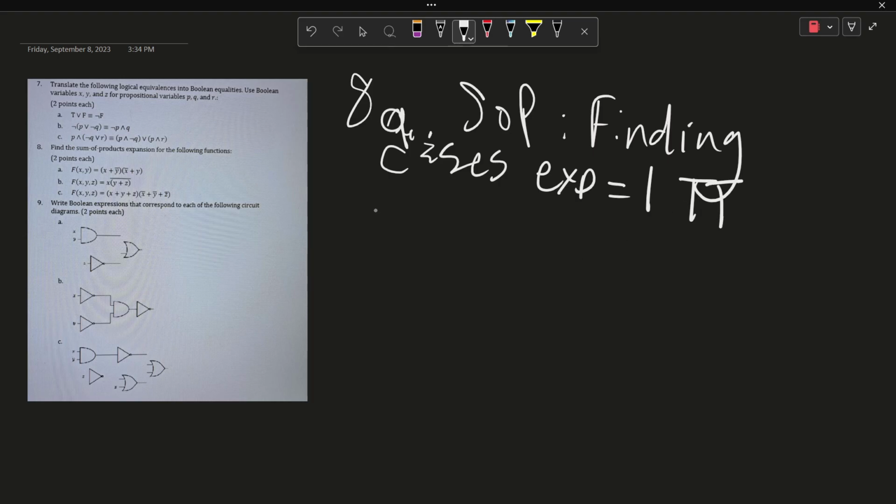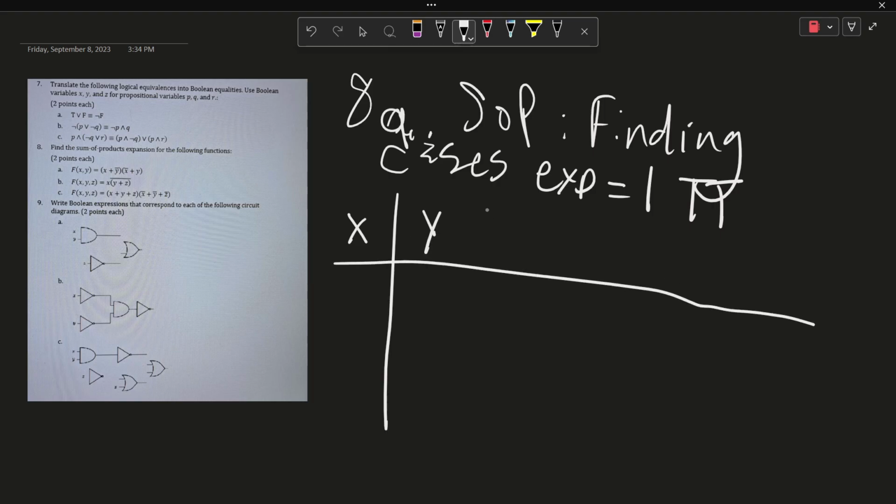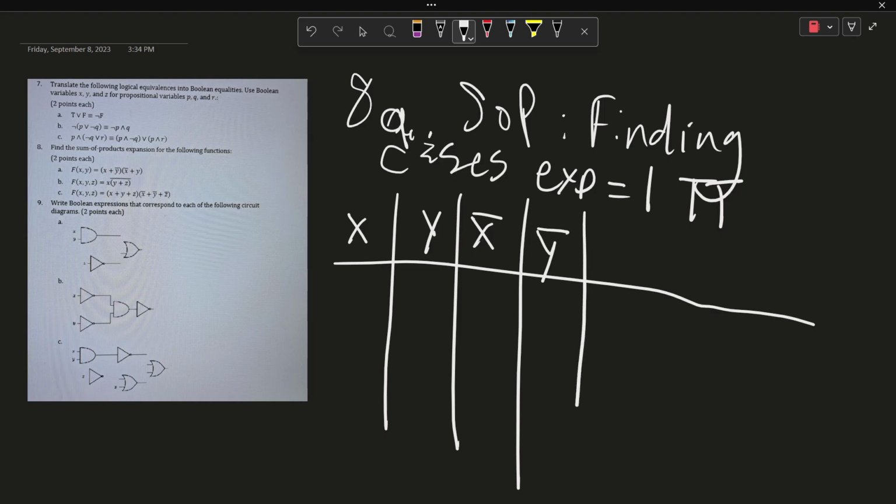So the easiest way to do this would be to start by making the truth table. And you don't have to do this, but I just do it to show it. But I'm also going to add the x naught and y naught to make this easier.